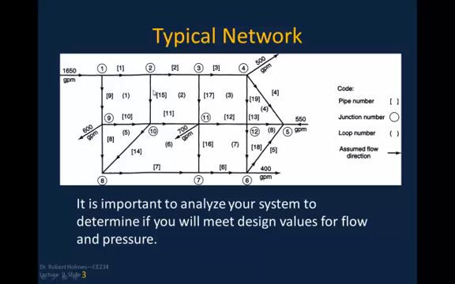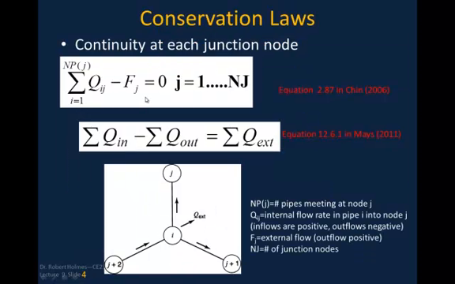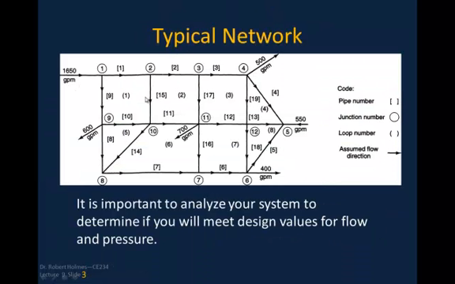This would be a loop going here from pipe 15 to 11, 17, and 2. That's a loop. So within this particular pipe network, I've got 1, 2, 3, 4, 5, 6, 7, 8 different loops.